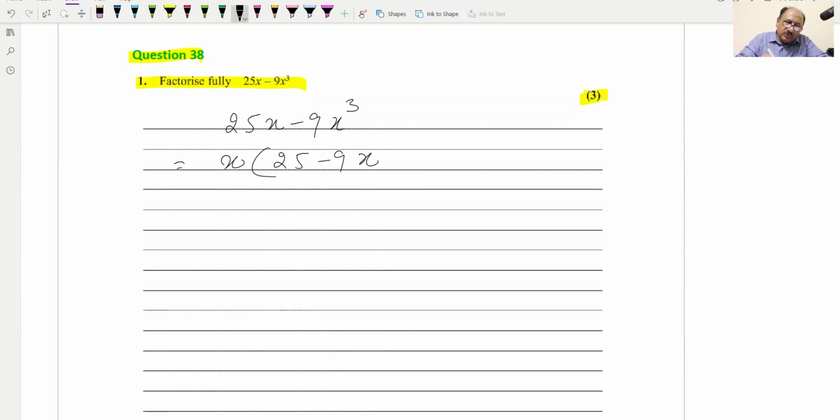9x, this should be cubed and this will be squared. Now we need to rewrite it as 5 squared minus 3x squared, and we can apply the formula a squared minus b squared is equal to a plus b into a minus b.